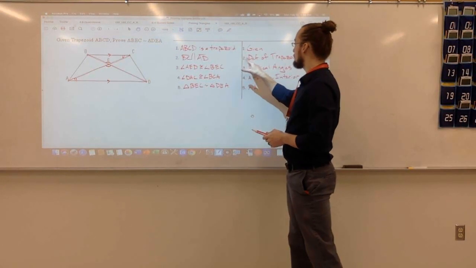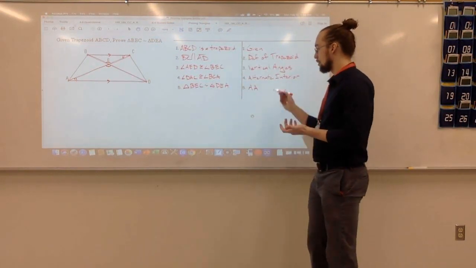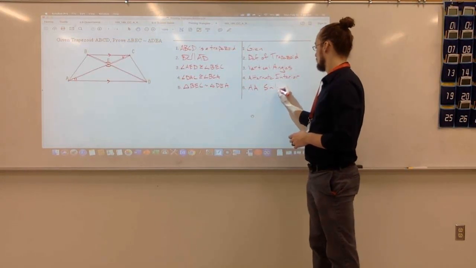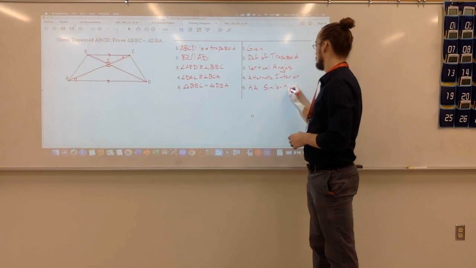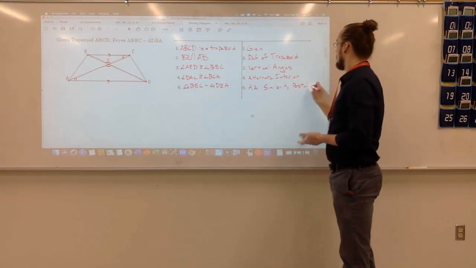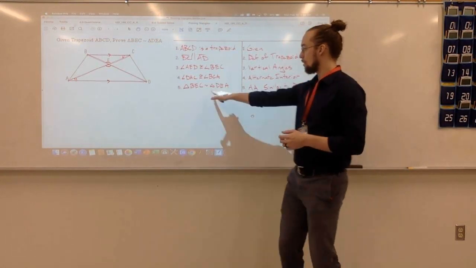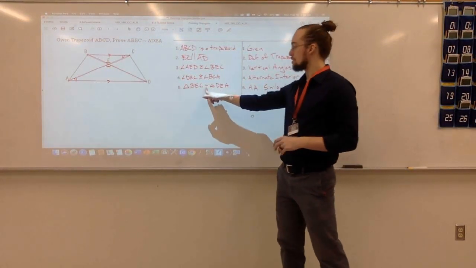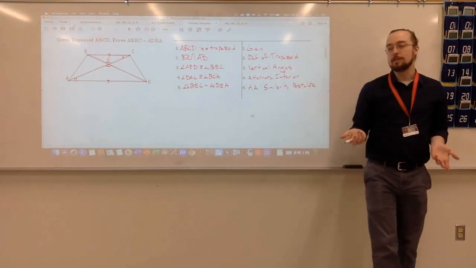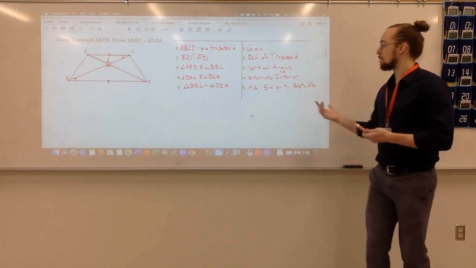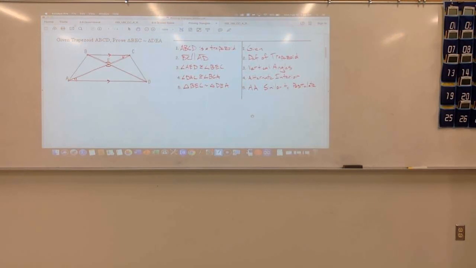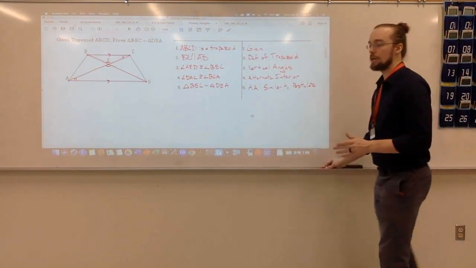I guess just to be clear, we could write similarity postulate. It's kind of implied though if we're stating that something is similar, that if we had side here, it would be the similarity postulate. But just to make sure that you're being clear, you could write similarity postulate there. Any other questions?